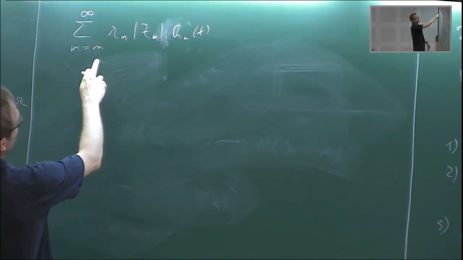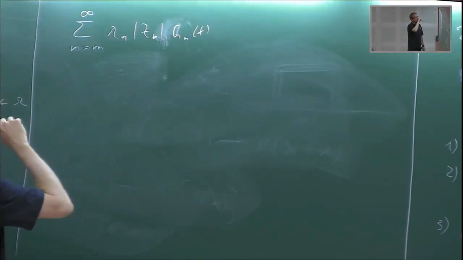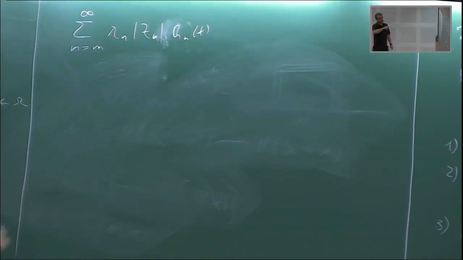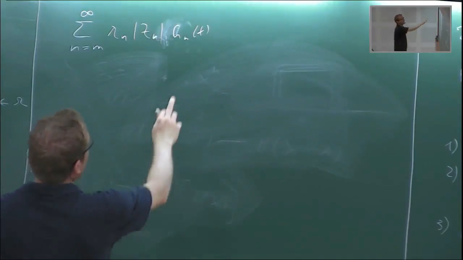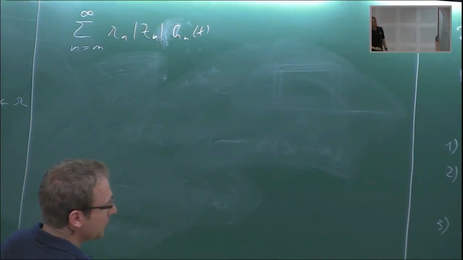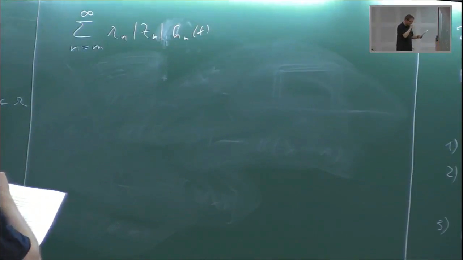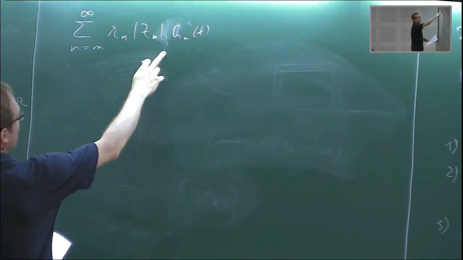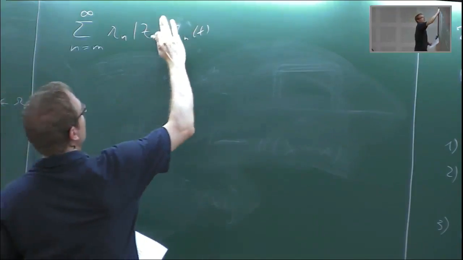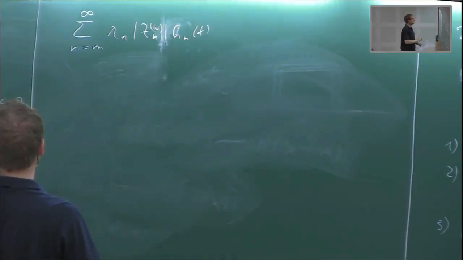So if we can show that for m to infinity, this tends to 0, then we know, independently of t, that we have a uniform convergence of these values for t between 0 and 1. So what we have got there, maybe I can write it down with the omegas to make it clearer for those who are not committed.